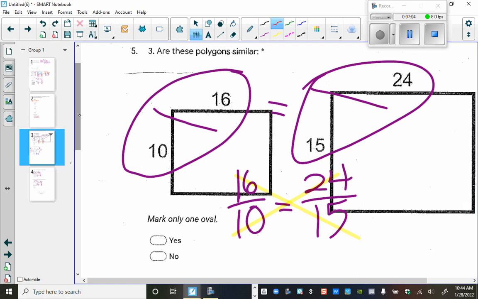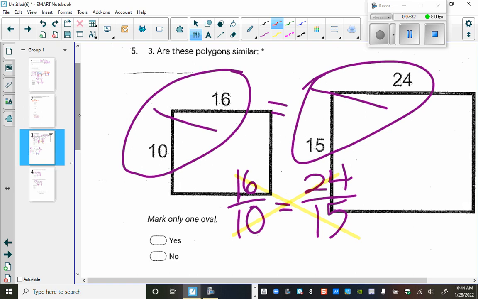And what I tell everybody to do, especially if the two numbers are in the same spot, well, there's one or two ways you can do this. If you divide both numbers, 16 divided by 10, 24 divided by 15, check if you get the same decimal value.